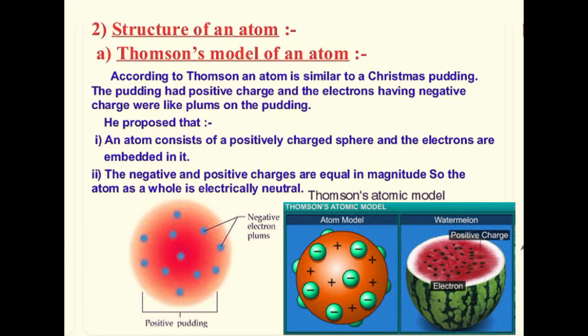He proposed that an atom consists of a positively charged sphere with electrons embedded in it, and the negative and positive charges are equal in magnitude, so the atom as a whole is electrically neutral, as you are seeing in the figure.